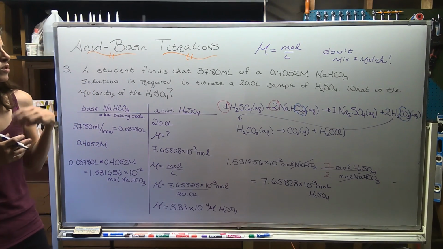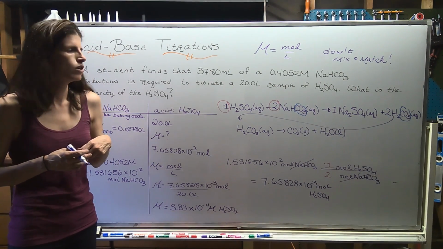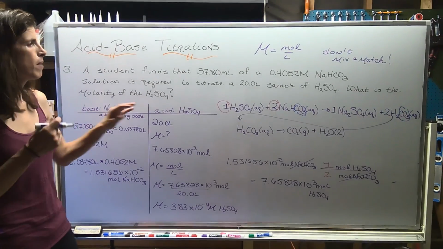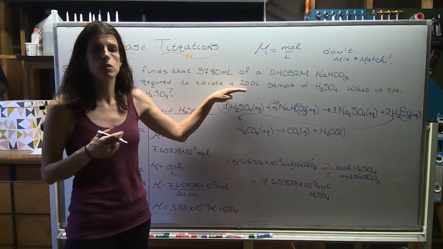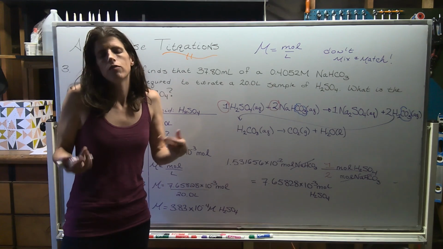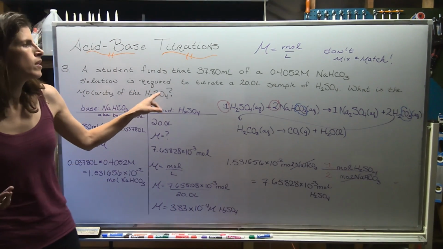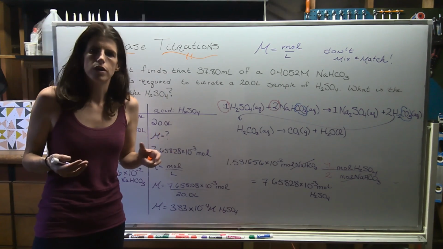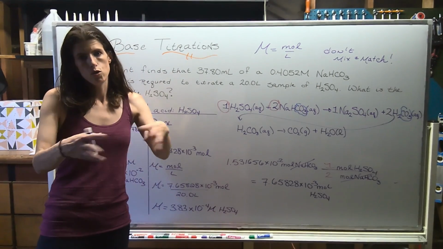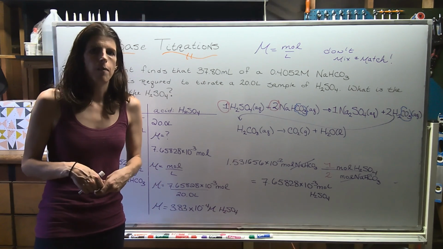We do use baking soda solutions to neutralize acid spills. So it would make more sense in my mind if somebody spilled 20 liters of sulfuric acid and they really had no idea how concentrated it was, but it only took about 37, 40, 38 mils to neutralize that spill, because that's the approach you would take if you spilled an acid in a lab.